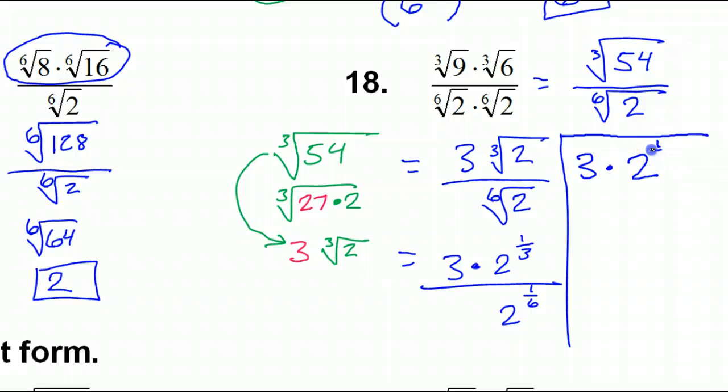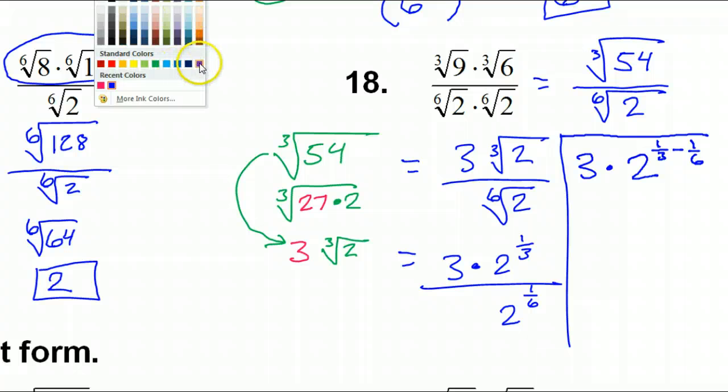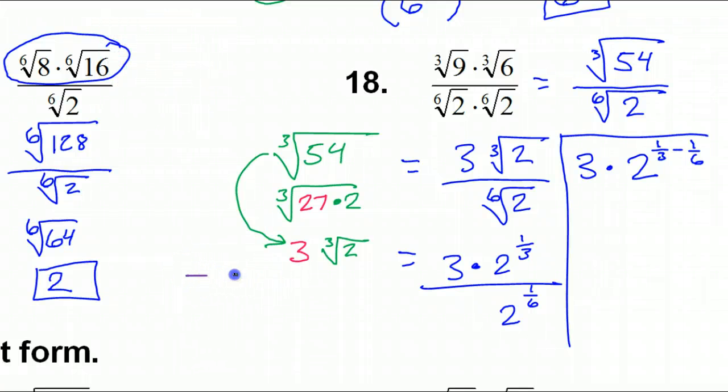So this will be 1/3 minus 1/6. I guess I should do this off to the side somewhere too. I think I'll do it in purple this time. So off to the side, I've got 1/3 minus 1/6.